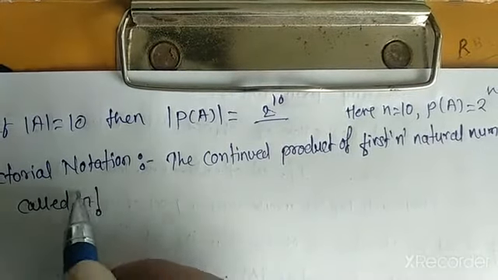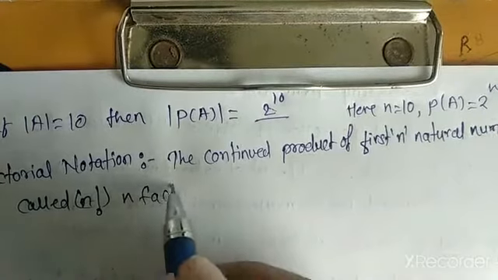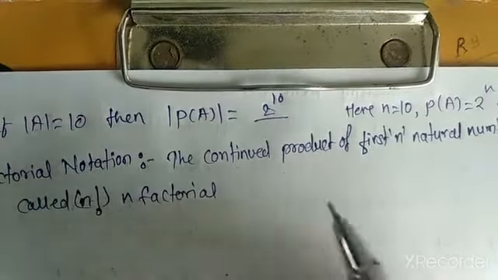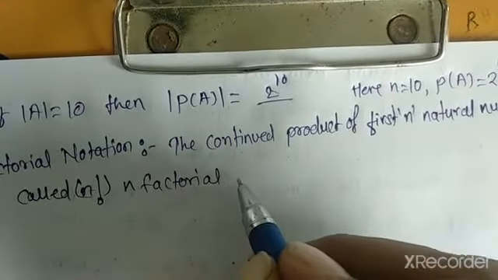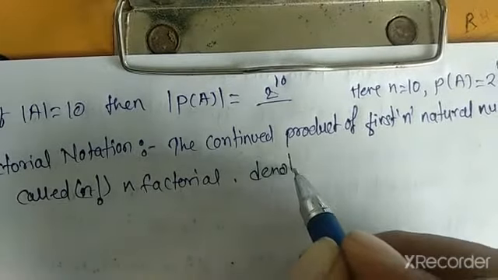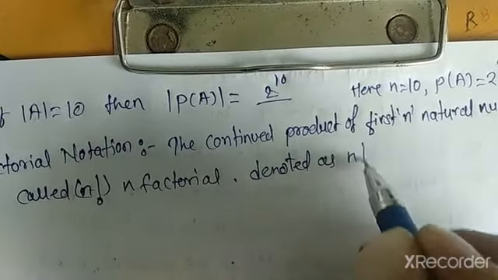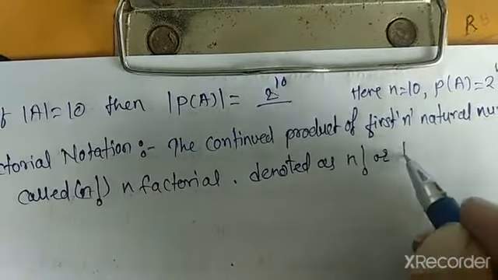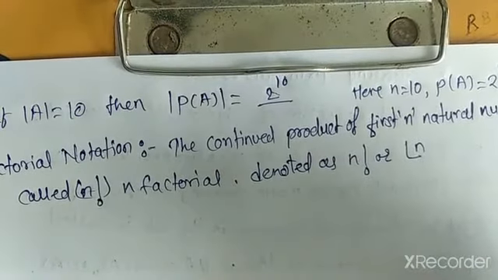It is written as n factorial or factorial n, and it is also denoted by this notation.